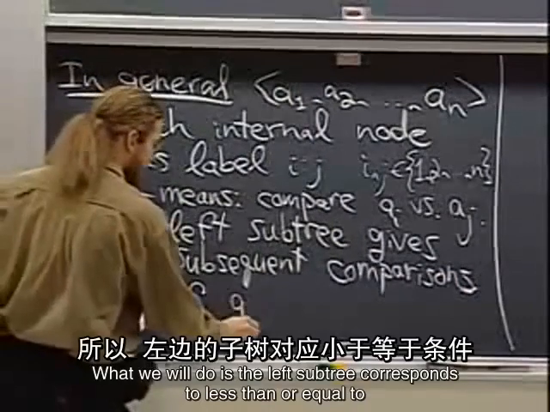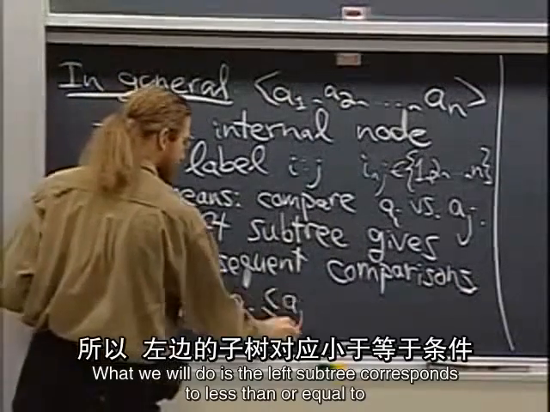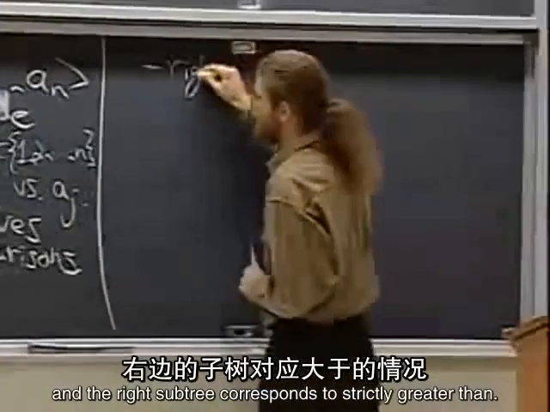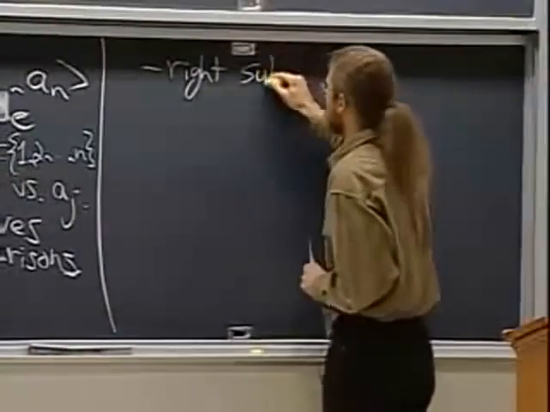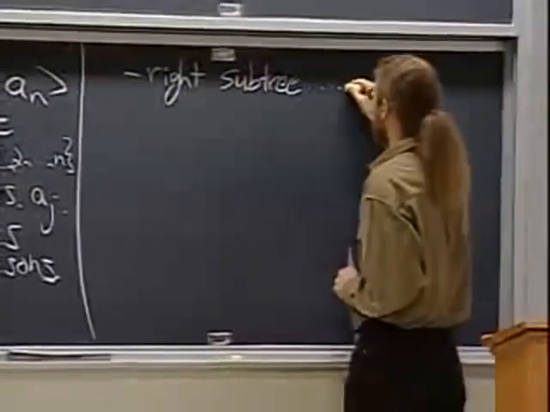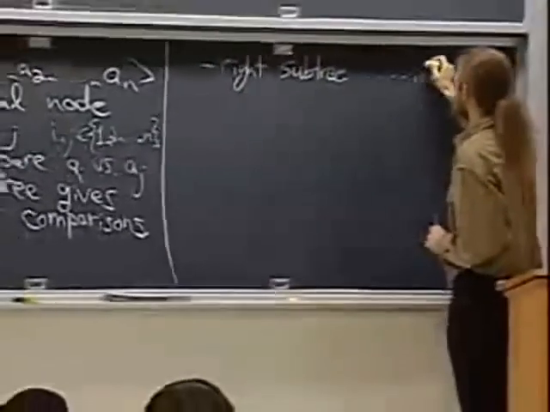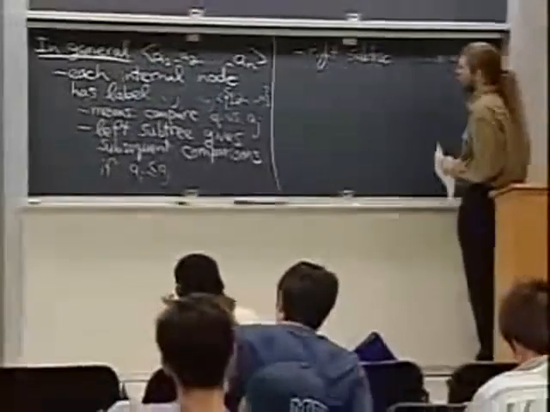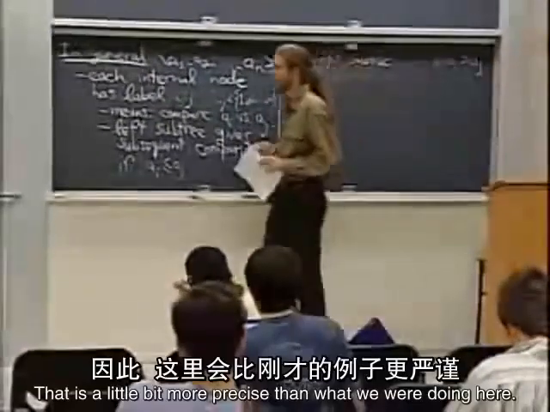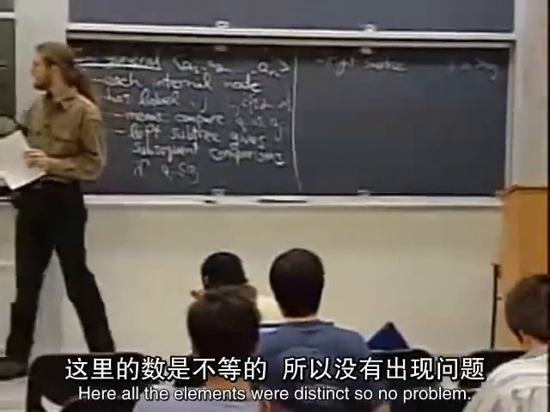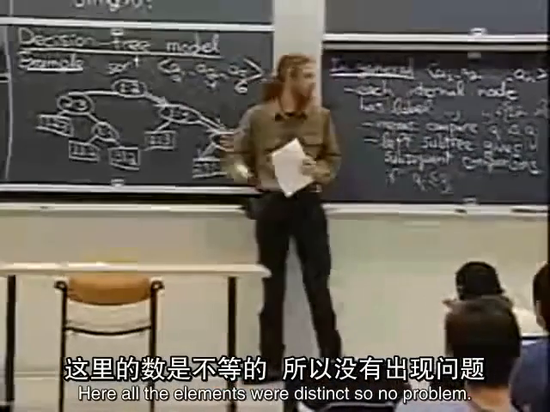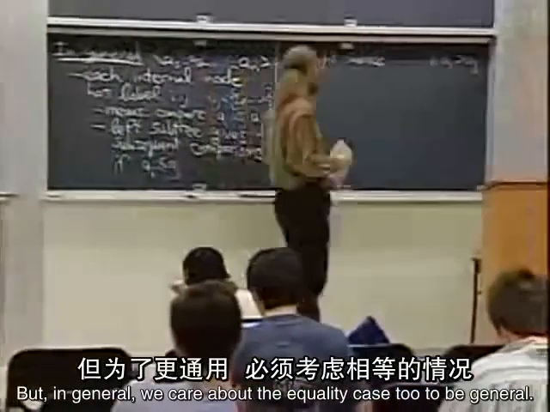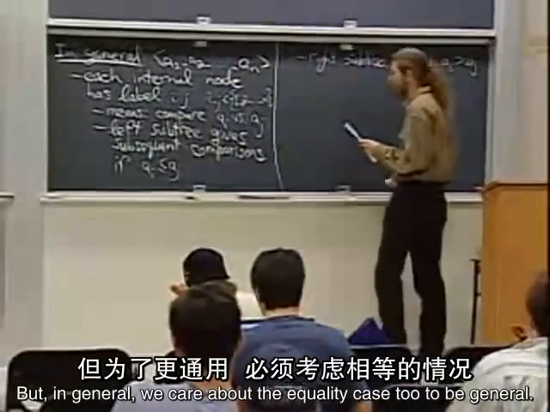So what we'll do is the left subtree corresponds to less than or equal to, and the right subtree corresponds to strictly greater than. So that's a little bit more precise than what we were doing here. Here all the elements were distinct, so no problem. But in general, we care about the equality case too, to be general.